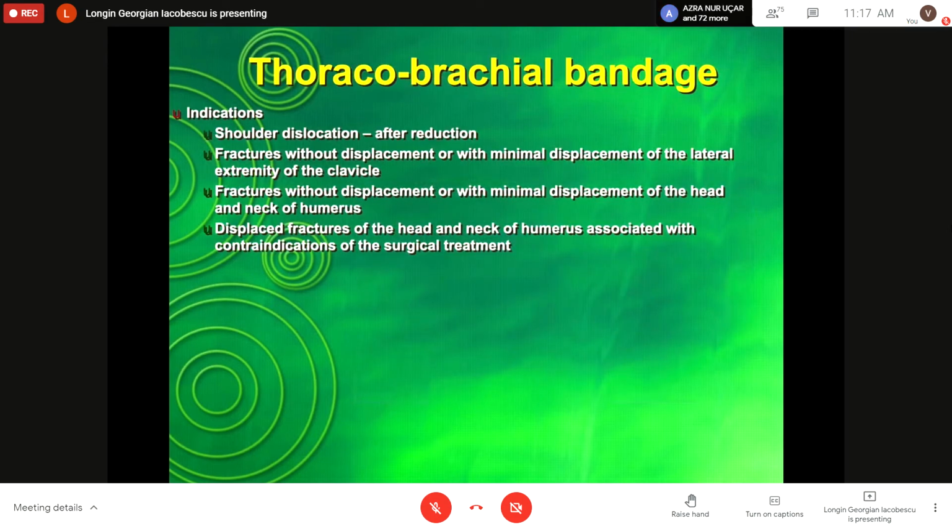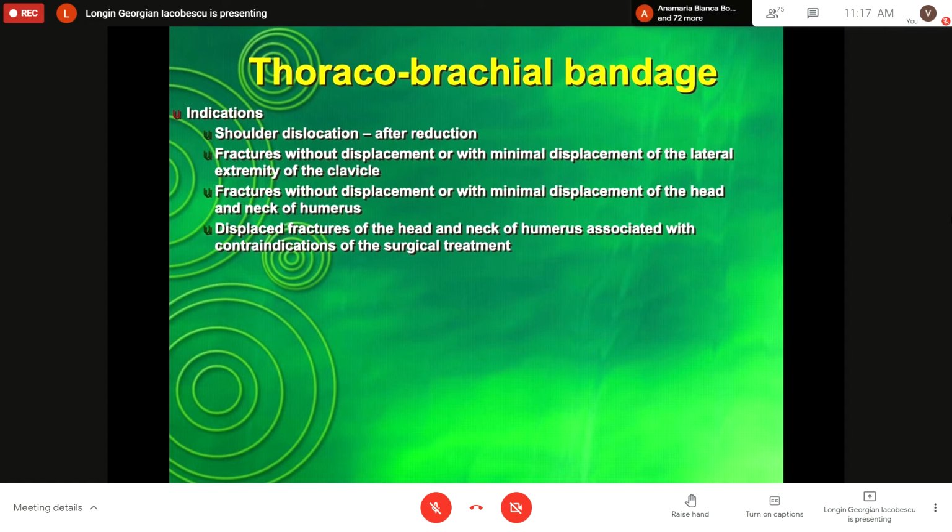Indications for the Dessau bandage are like this: shoulder dislocations, but only after the reduction maneuver. So we apply this type of immobilization for shoulder dislocations only after the reduction maneuver, when we are sure that the shoulder is in its correct anatomical position.